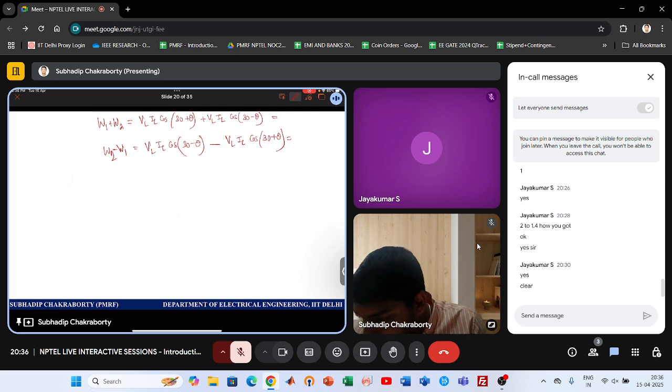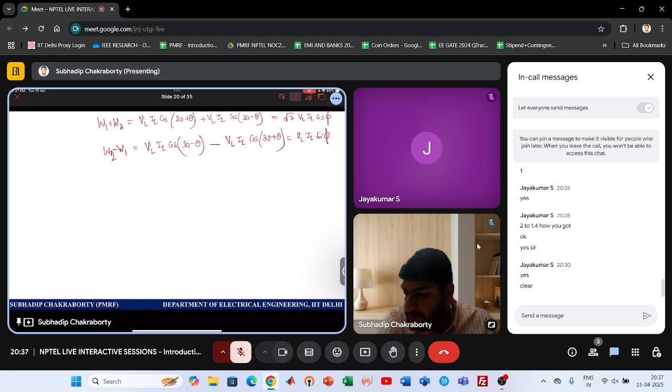So when you do this, you will find that this will give you root 3 VLIL cos phi. And this will give you VLIL sin phi, which is nothing but the three-phase reactive power. However, the root 3 is missing. So multiply by root 3. And this is giving you the three-phase active power directly.